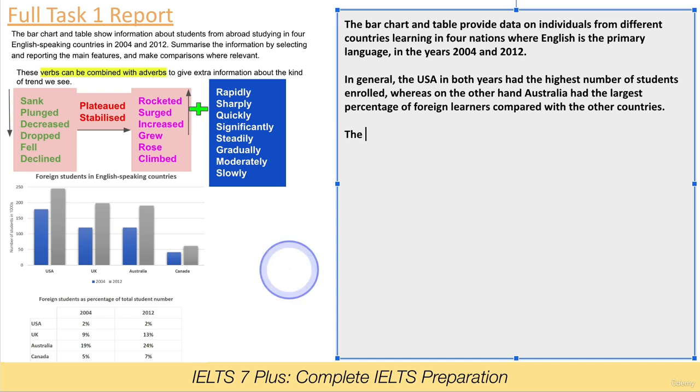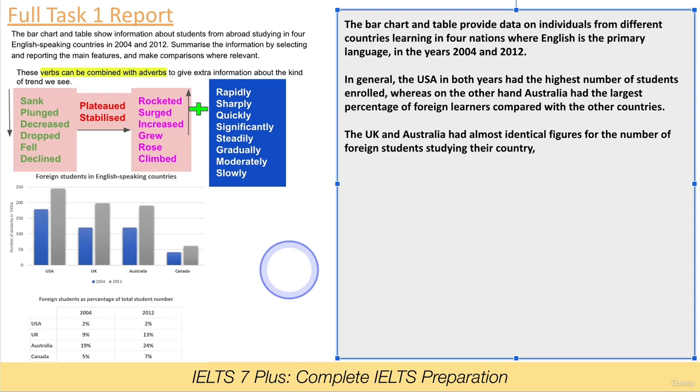Okay, so the UK and Australia had almost identical figures for the number of foreign students studying in their country.